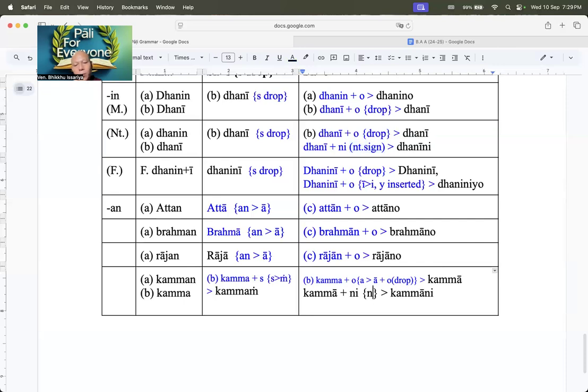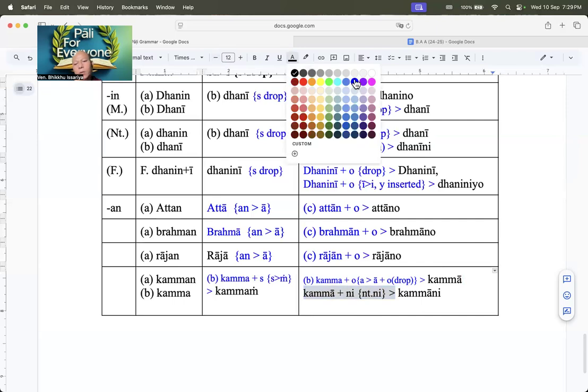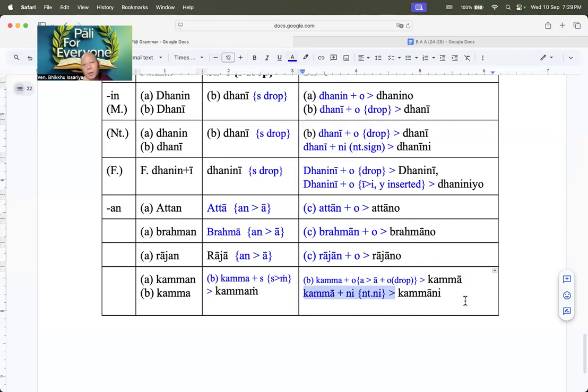For neuter gender, the plural sign ni is added. So that is gamma ni, in this way it can be understood.